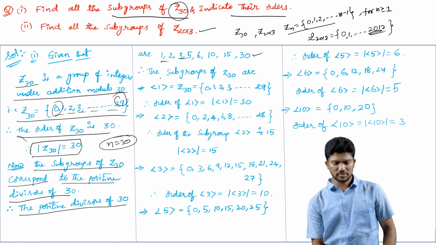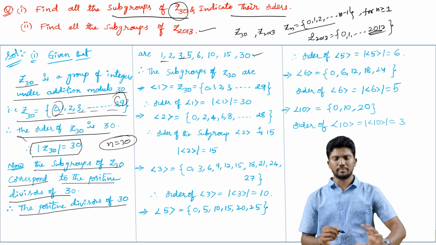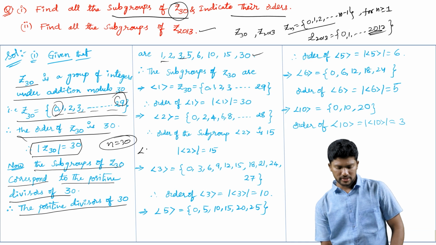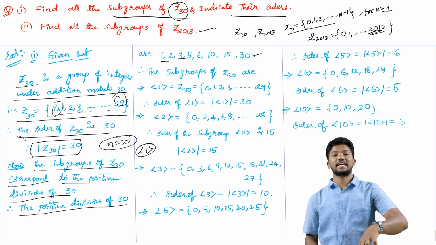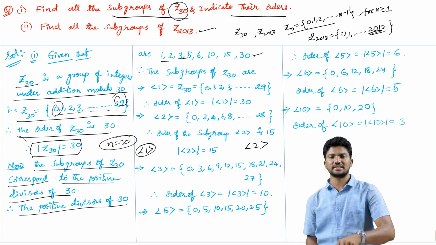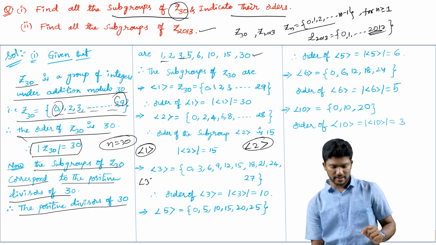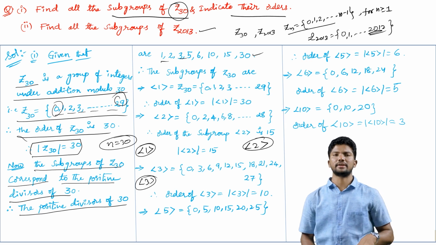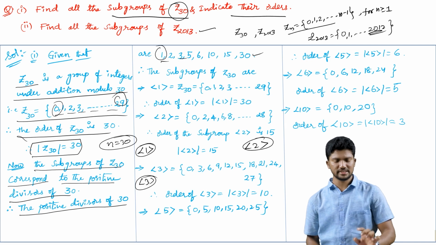Now the subgroups of Z suffix 30 are given by the following representation. This is the subgroup generated by 1, this is the subgroup generated by 2, and this is the subgroup generated by 3, if you write in this format. The first positive divisor is 1.